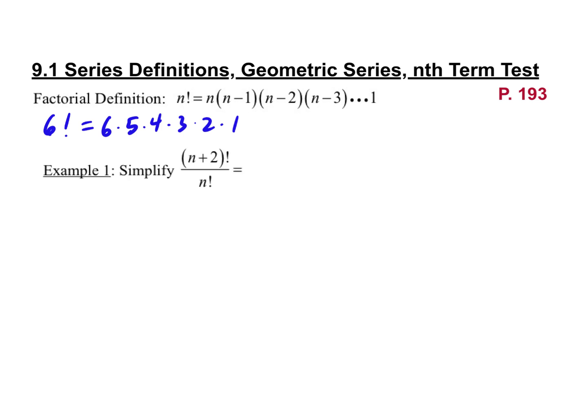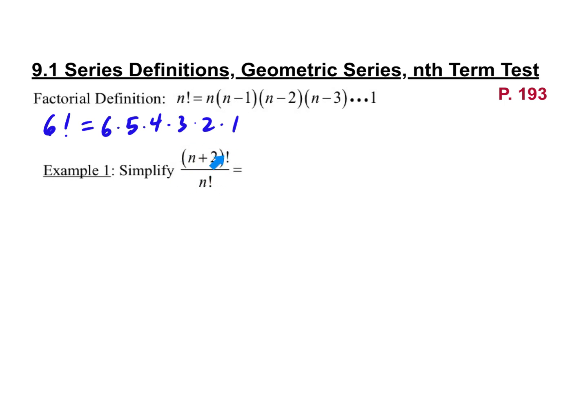So first example, okay, you're going to see things like this. In this section, you're going to be doing some things that aren't necessarily related to all the different tests that I was talking about before, because we have to work up to that. So the best way to simplify problems like this is to expand as much as you can.